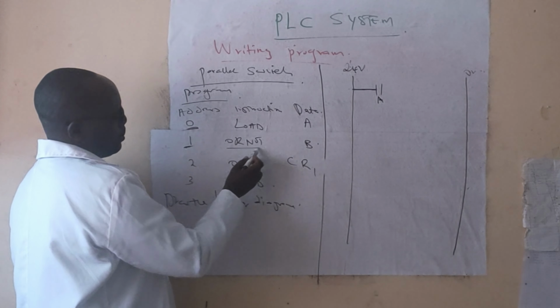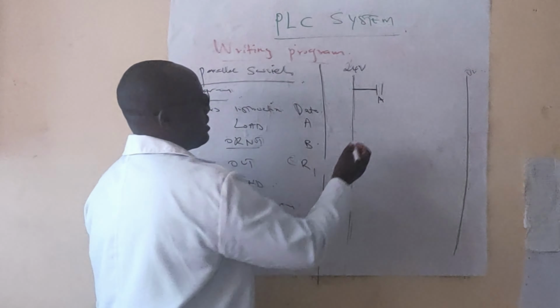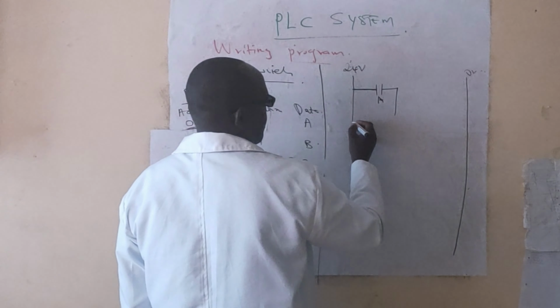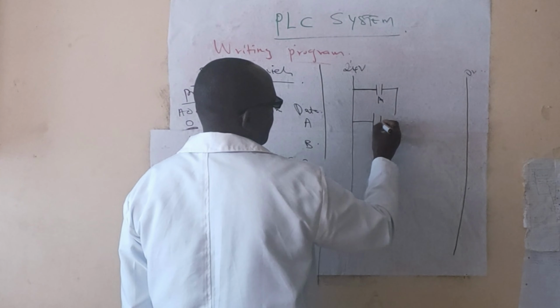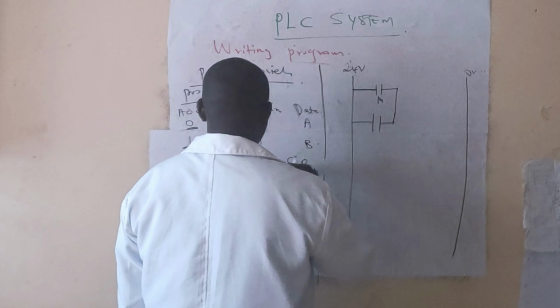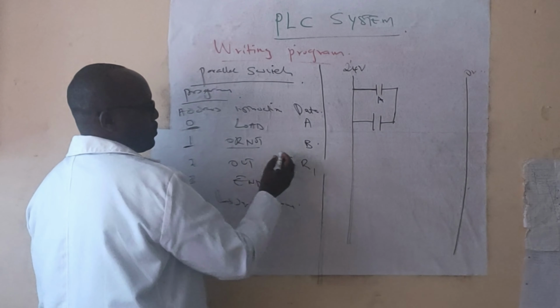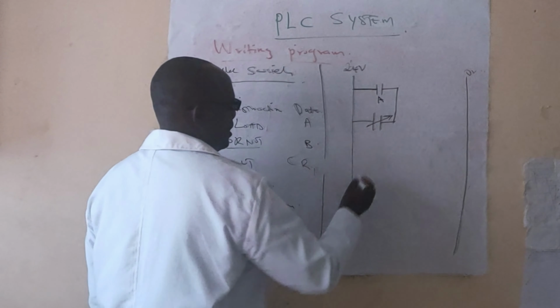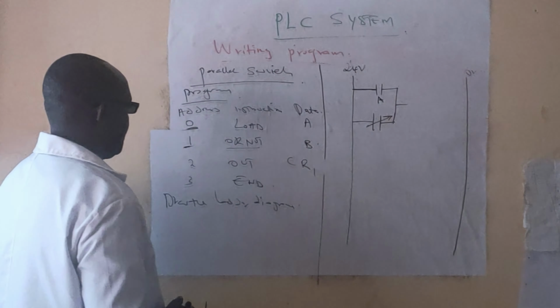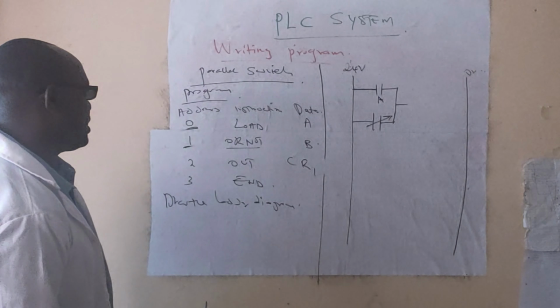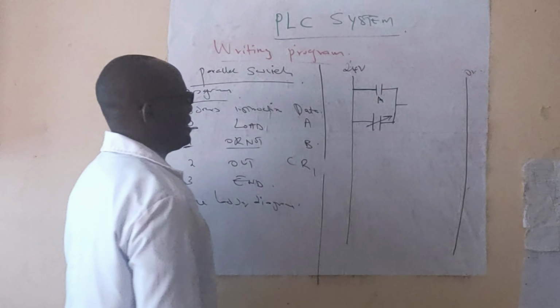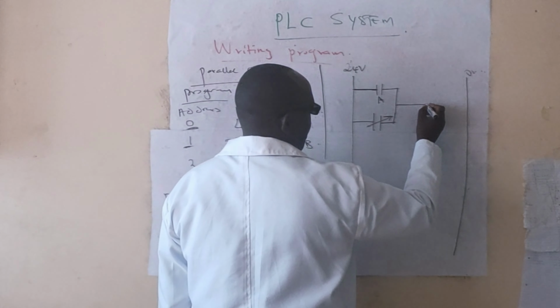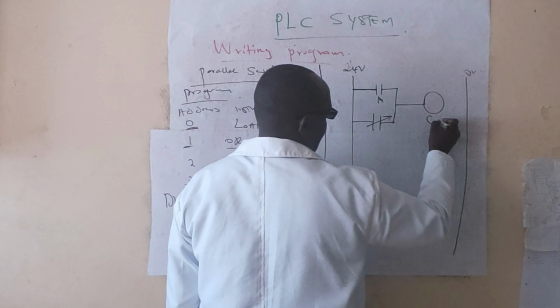OR NOT means you're going to connect this with another one in parallel, and then we are told to output CR1, that is the control relay.